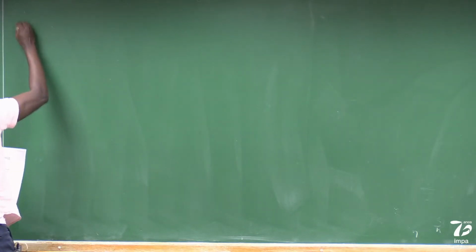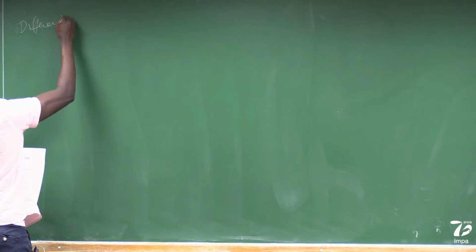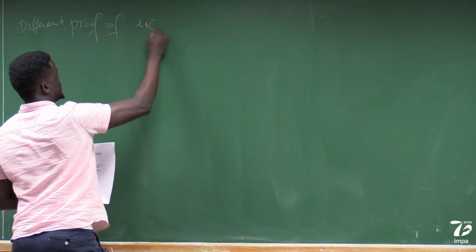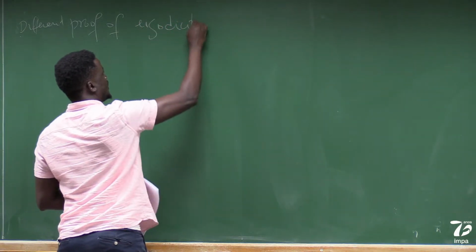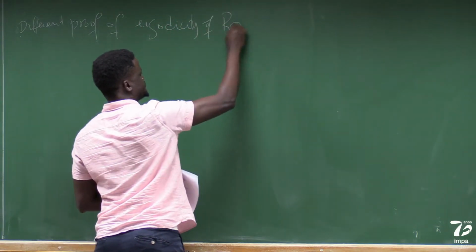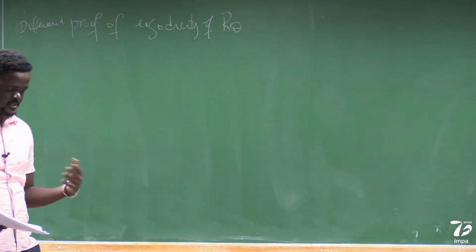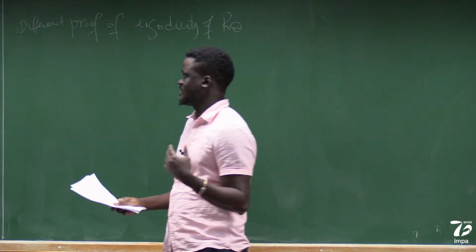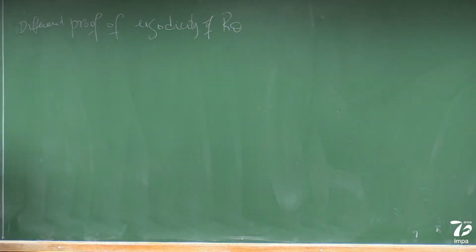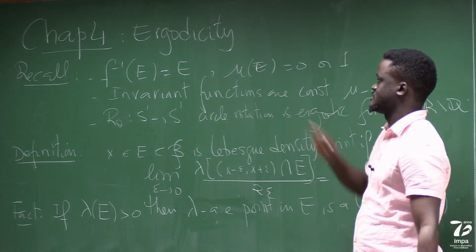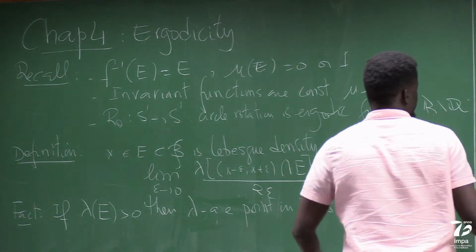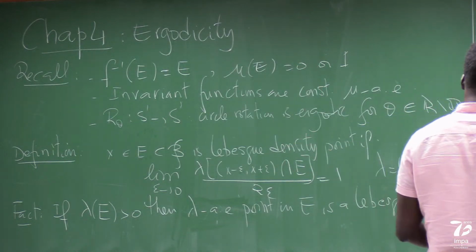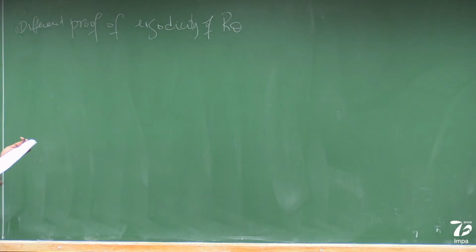a different proof of ergodicity of R theta. By the way, again, to prove ergodicity, it's enough to check these properties on a set that generates the sigma algebra, okay? So for that, we can just check this is true for intervals, and then you will get it for general measurable sets, okay?